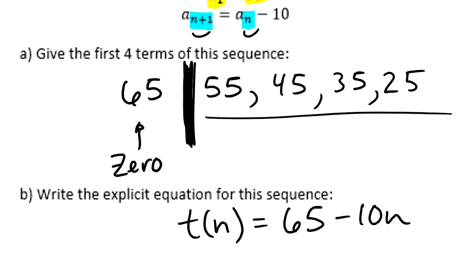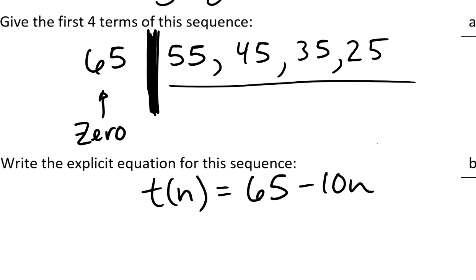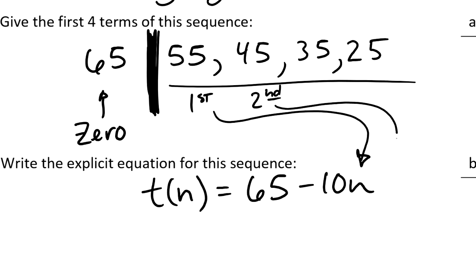Right, so if I want to know what the first term is, when this is the number 1, you can see I would put a 1 in, and 65 minus a single 10 would be 55. If I wanted to know the second term in the sequence, I would put the number 2 in for n, and 65 minus 2 tens, minus 10 and then another 10, or minus 20, gives me 45.